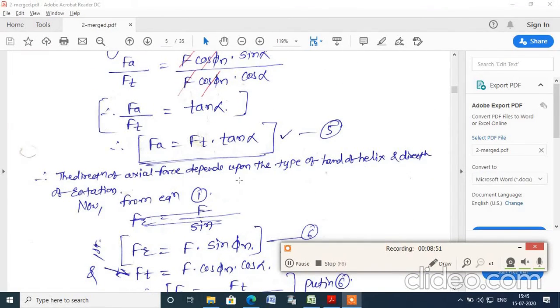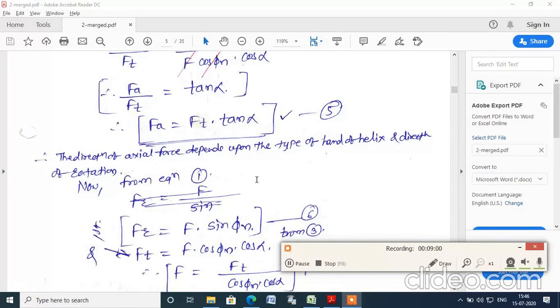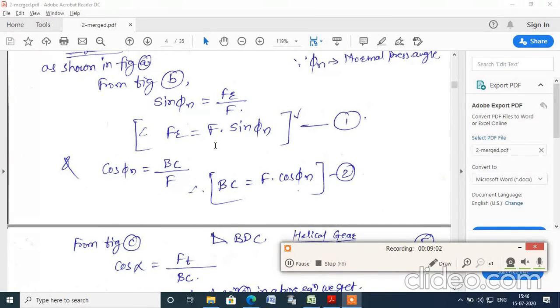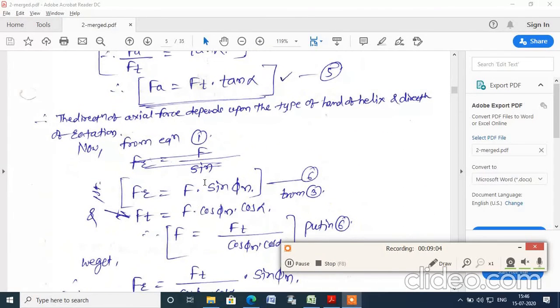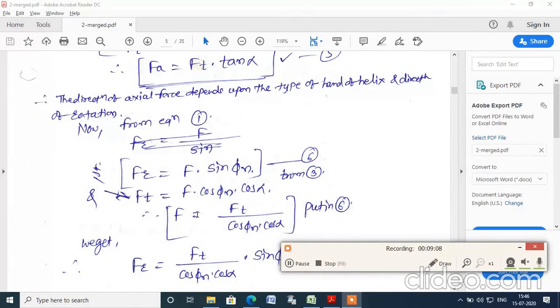The direction of the axial force depends upon the hand of the helix and the direction of rotation. Now from equation number 1, we have Fr equals F sin phi n, and Ft is F cos phi n cos alpha, equation number 3.